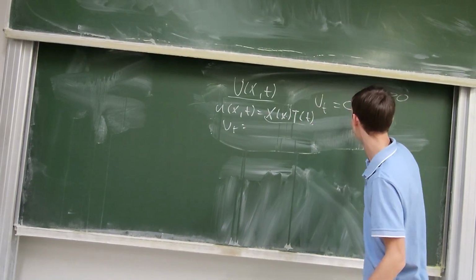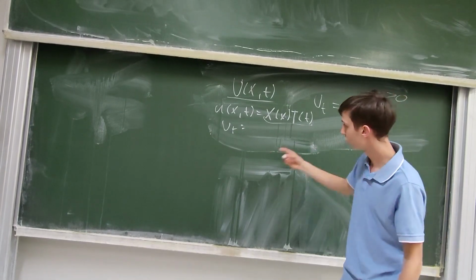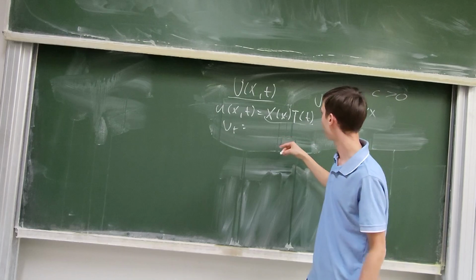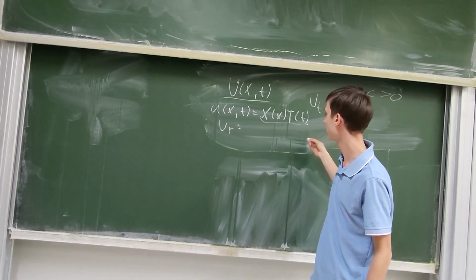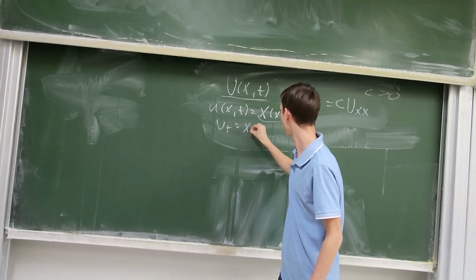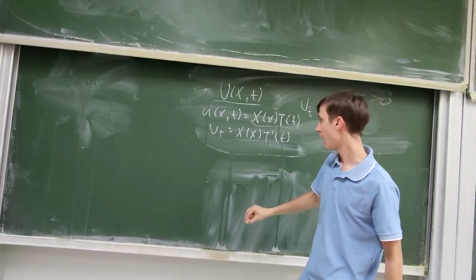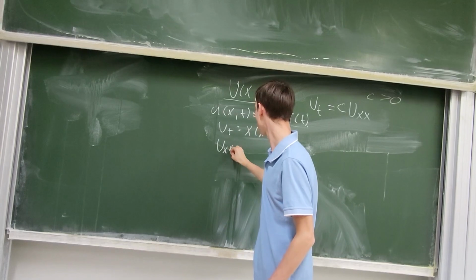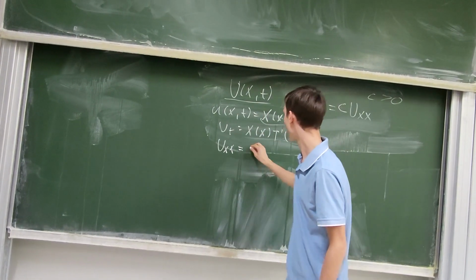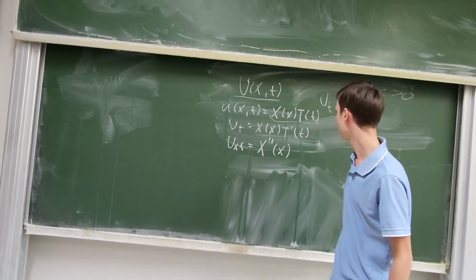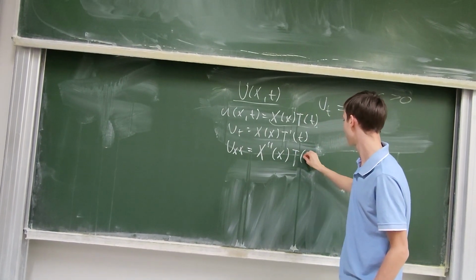For such functions, it works. U sub t, so the left side of the equation, will therefore be made equal to X of x unchanged, and the t part gets derived once. And then u sub xx will basically be derived twice in the x part, so X of x will be a double prime, and T of t will be left as it is.